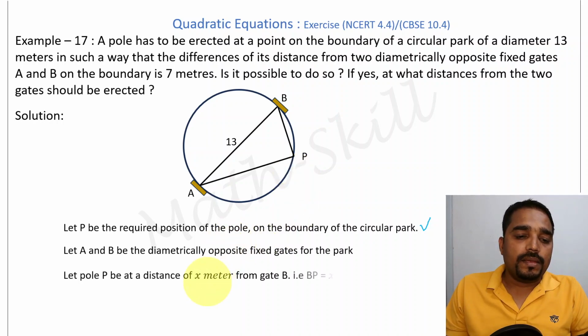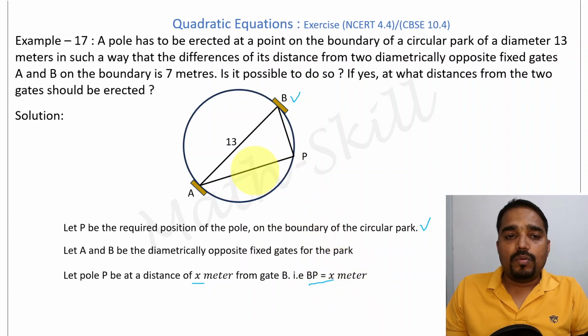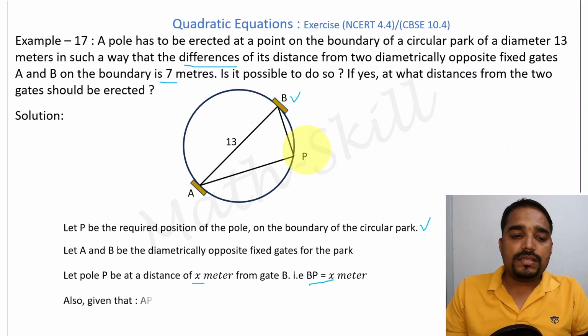Also let P be at a distance of x meters from gate B, that is BP is equal to x meters. Now he is giving a condition which says that the difference of the distances of the pole from the two diametrically opposite fixed gates is 7 meters. That is, AP minus BP is 7 meters.